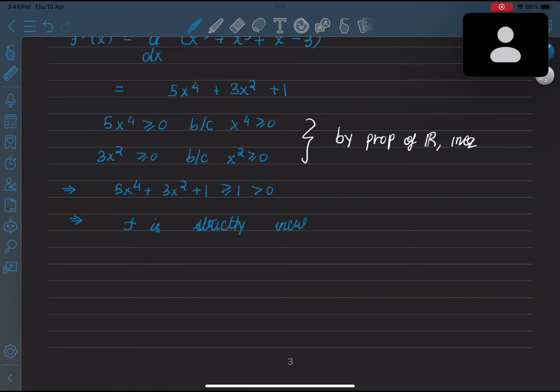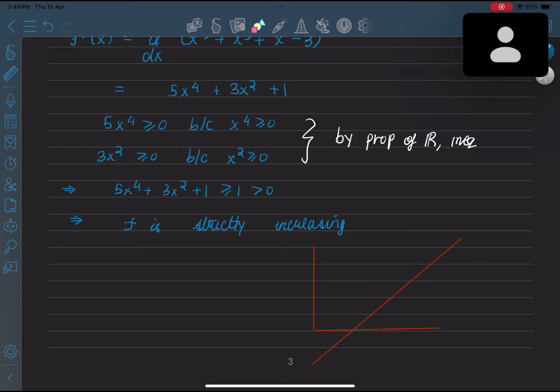When you have a graphical perception of this, let this be your x-axis, let this be your y-axis, and your function is of somewhat this form, right?